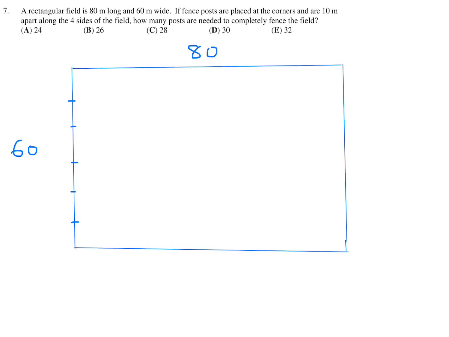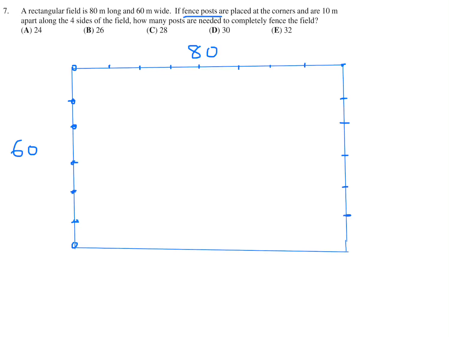So here's a fence post, actually. So if you got a post here, you got a post here, like that, every 10 meters. So 10, 10, 10, 10, 10, 10, that's 60. And then similarly on this side, you're putting posts every 10 meters. And of course it would be identical on the other sides.